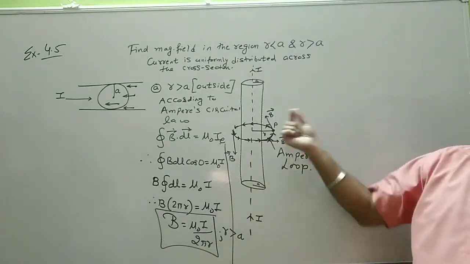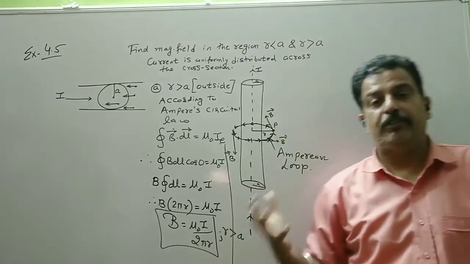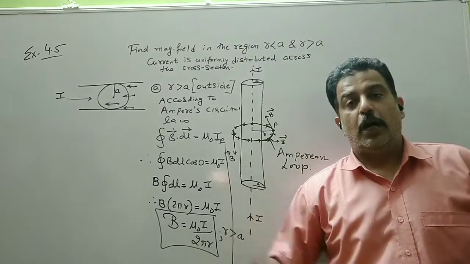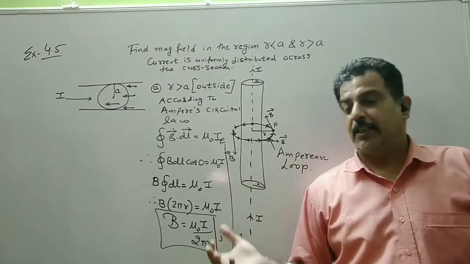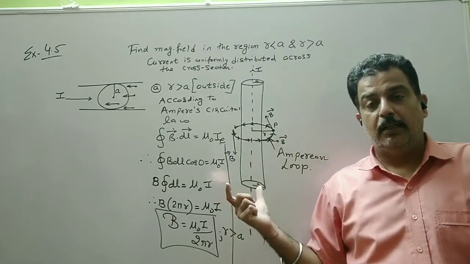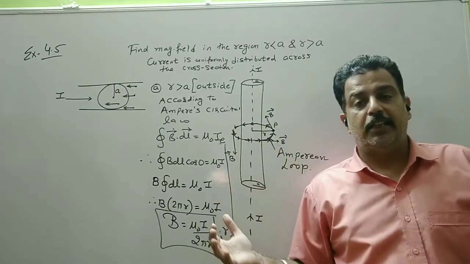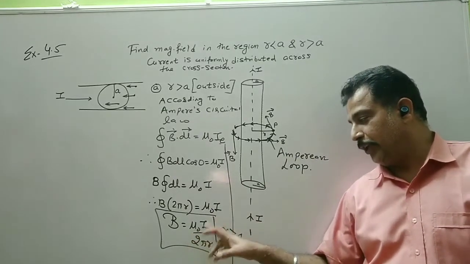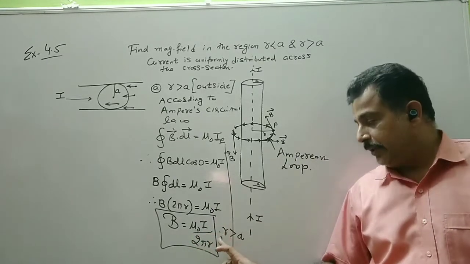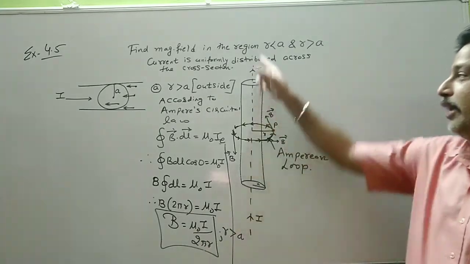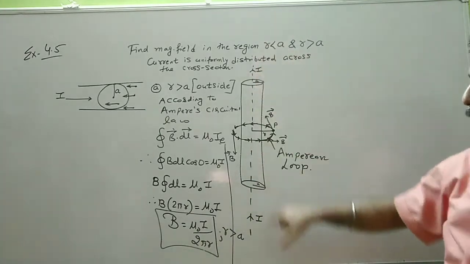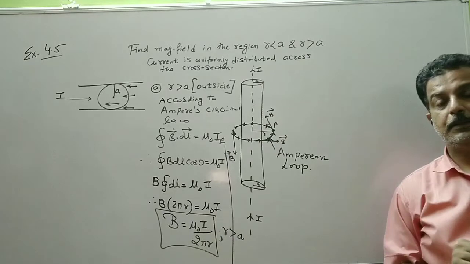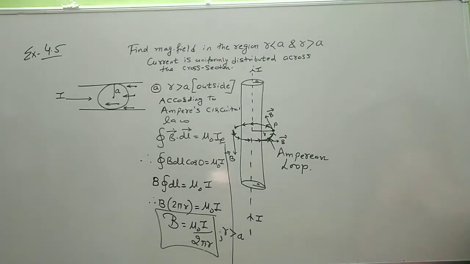So here we have considered the cross-sectional area of the wire. So outside this wire, whether the wire is thin or thick, the magnetic field intensity outside is given by the formula mu naught I upon 2 pi, times the distance of a point from the center of the wire or from its axis.